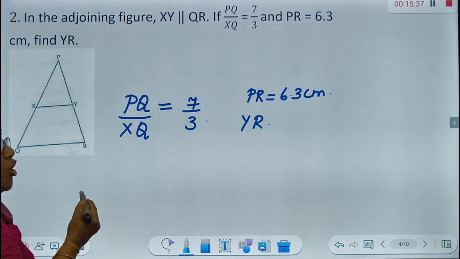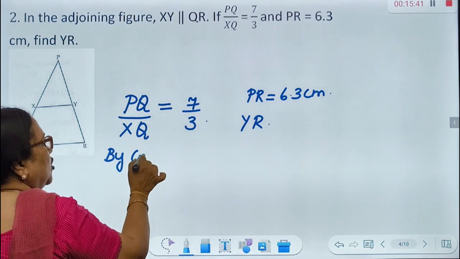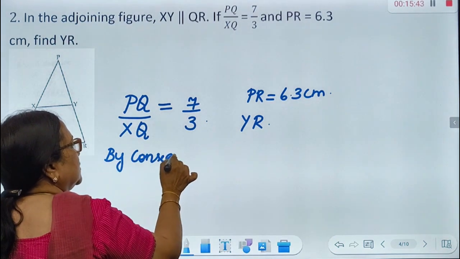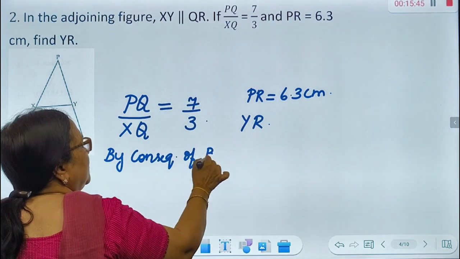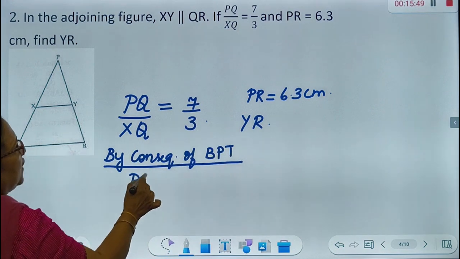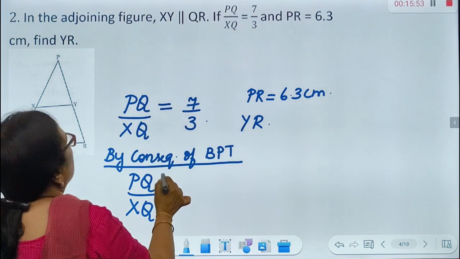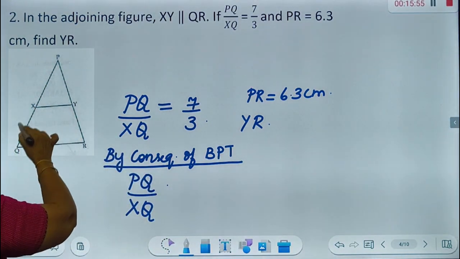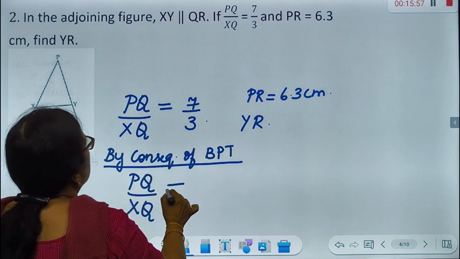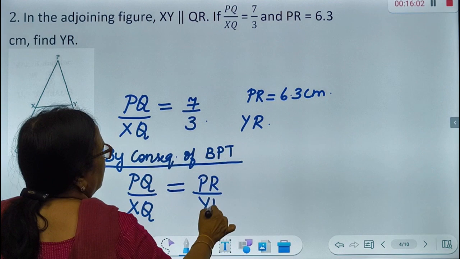We know that by consequence of BPT, PQ by XQ is the same as PR by YR.